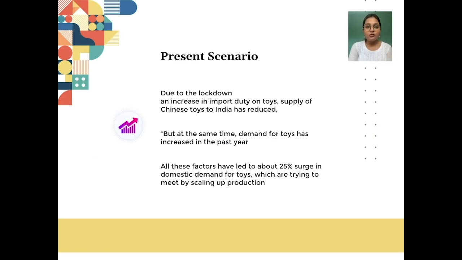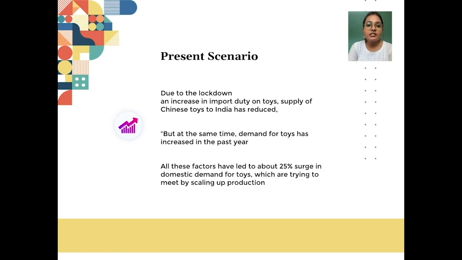Due to lockdown and the increase in import duty on toys, the supply of Chinese toys to India has reduced. But at the same time, demand for toys has increased in the past year because children are locked up at home and are demanding more toys.